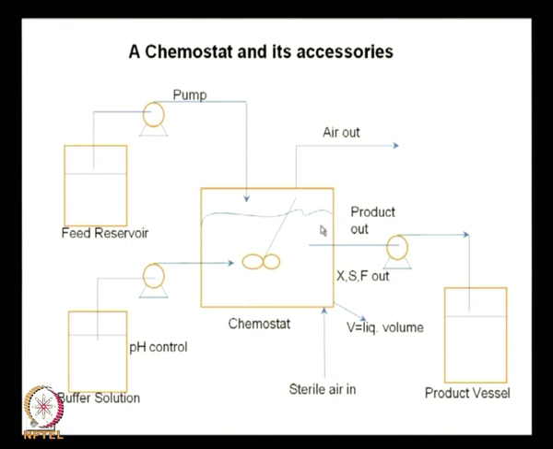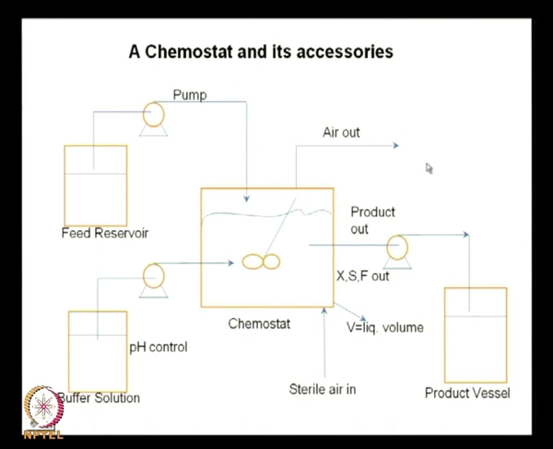Then you have a buffer solution, which is also being pumped, because these are bioreactions, you have to maintain the pH at a certain value, could be 7, could be 5, could be 6, whatever. So, you have a pH controller and a buffer solution being sent in. You have air being taken out and replenished. We have talked about this, you need a certain amount of oxygen in the system.